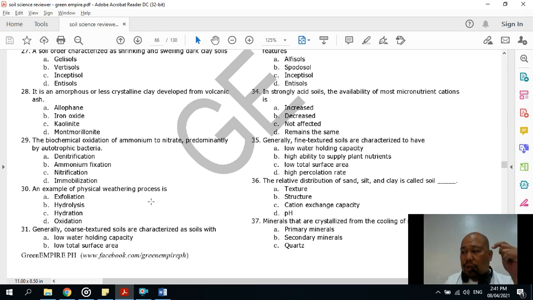So the larger the particle, generally, and the smaller the particle given a certain volume, given a certain weight, generally has a lower surface area compared to smaller particle soils. So a cubic meter of clayey soil has way larger surface area, total surface area, compared to a cubic meter of sandy soils. So yes, letter A is sakto, letter B is also sakto.